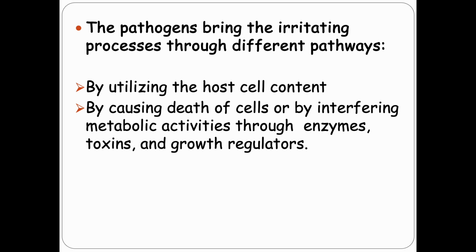So when a virulent pathogen reaches a particular cell, they always try to utilize the cell content. By doing that, the cell will die. Or at the time of utilizing the cell content, they release some enzymes, toxins and growth regulators so that the complex materials present in a cell can be converted to a simpler form which can be easily utilized by the pathogen.